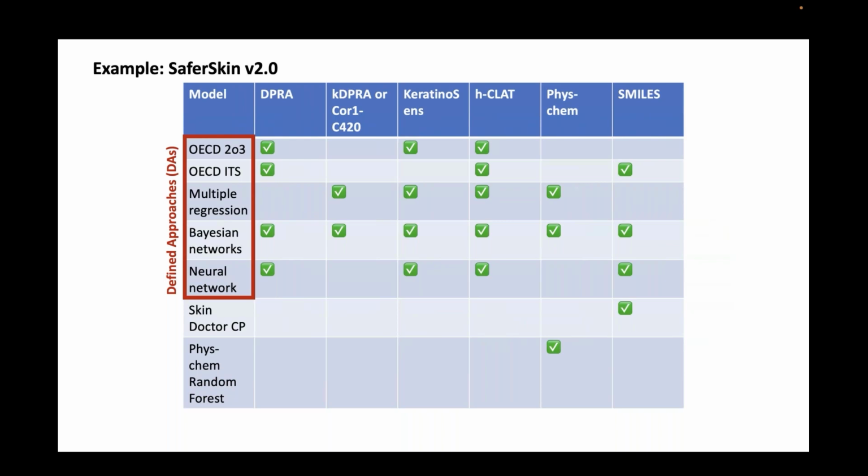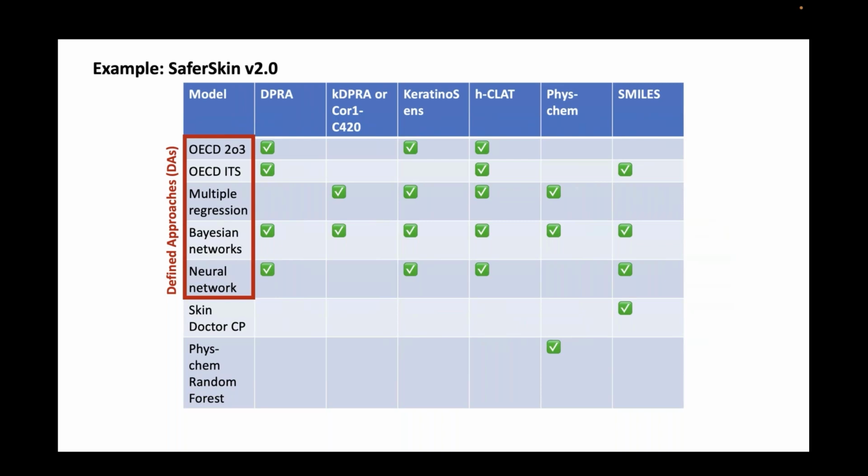Okay, we have seven approaches, but only 5 of them are defined approaches combining in vitro and in silico parameters to predict the in vivo outcome, while Skin Doctor is a QSAR model, so it takes just chemical structure to predict LLNA outcome, and FISCAM Random Forest is basically taking just FISCAM parameters to correlate them with the in vivo outcome.